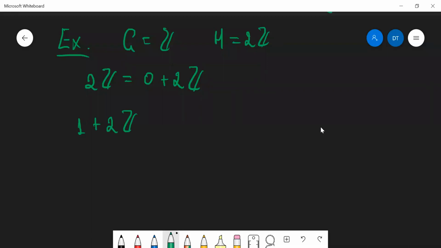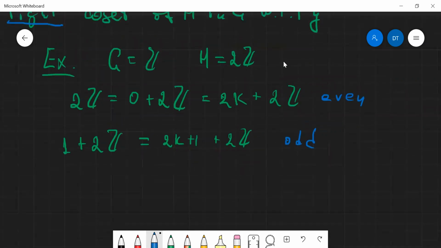You may also find the same coset as 2k plus 2Z, and the other one can be defined by 2k plus 1 plus 2Z. This is the set of all even numbers, and this is the set of all odd numbers. So here you have only 2 cosets. If a coset is generated by an even element, it gives you all even elements, and if it is generated by an odd element, the whole coset consists of odd elements only.